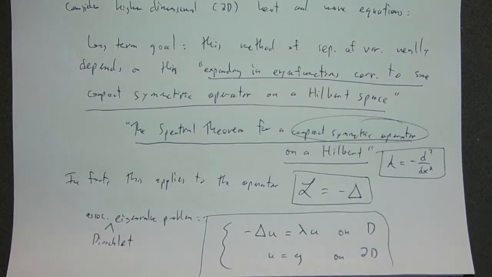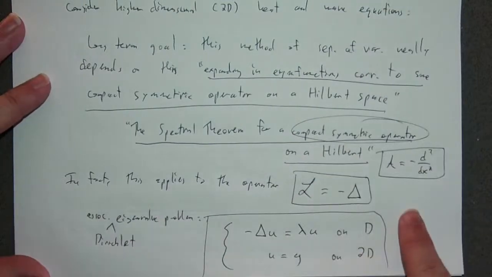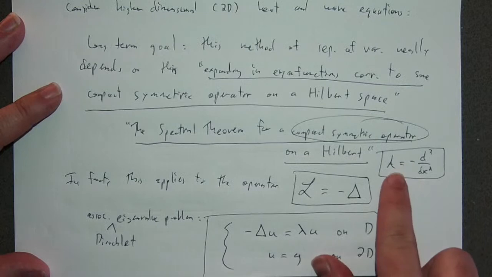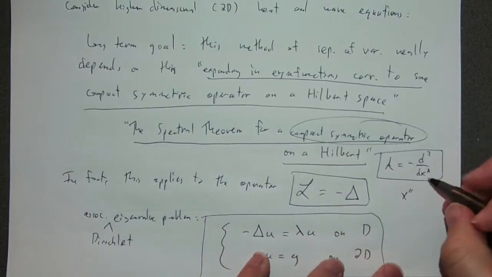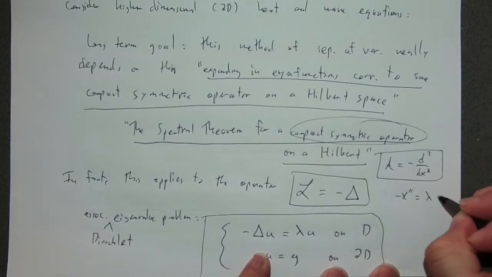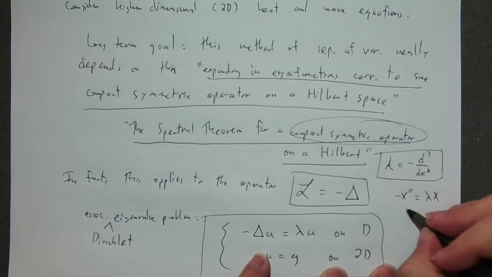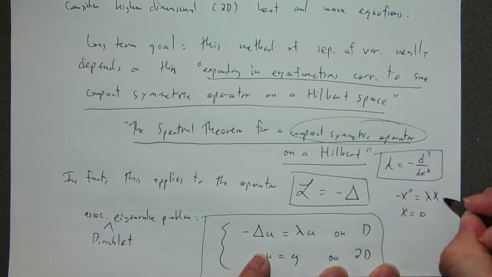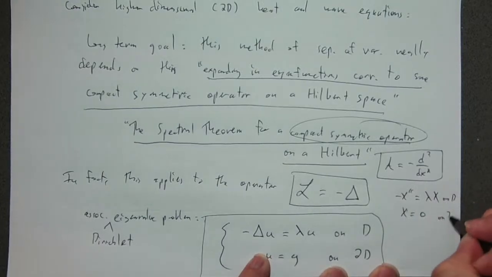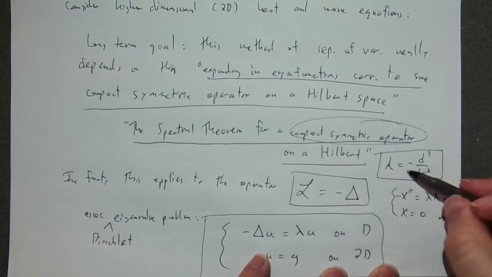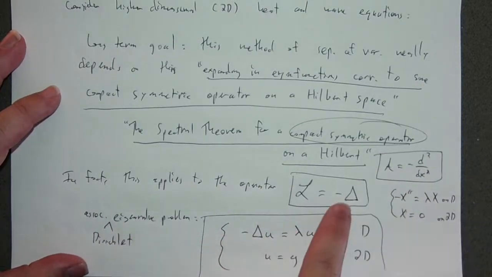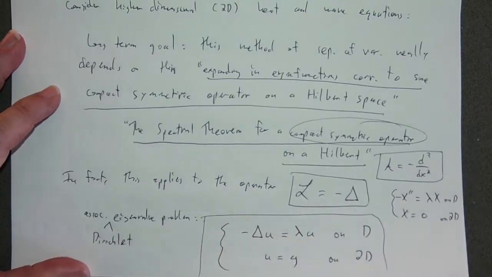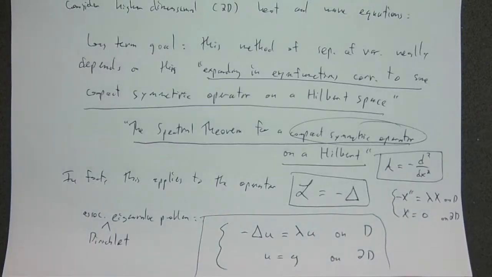Okay. And so, rather than having an eigenvalue problem that was like an ODE coming from this operator, that led us to the eigenvalue problem being this instead, and then x equals 0 on the boundary. So if this is on D and this is on the boundary of D, here was my eigenvalue problem for A. My Dirichlet eigenvalue problem for minus the Laplacian looks like this instead.